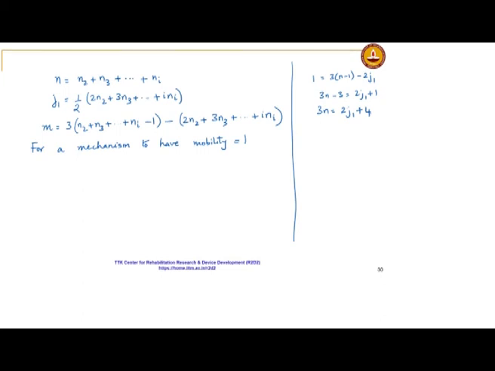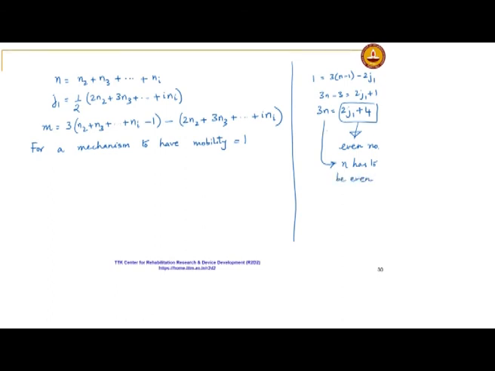So, first off, this tells me j1 is an integer. What kind of number will this be? If it is a valid linkage, this is going to be an even number. 2j1 + 4 is an even number, which means n has to be even.